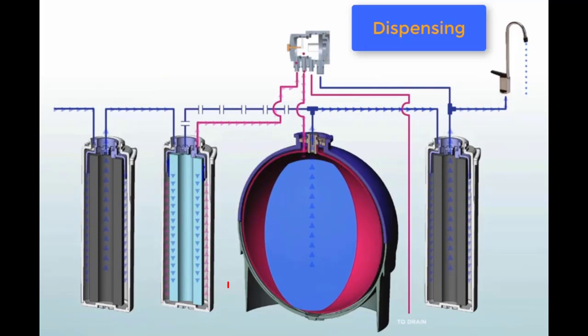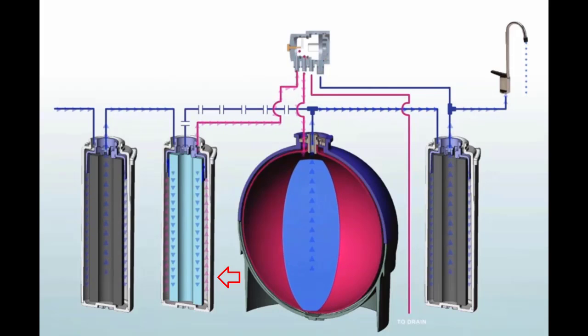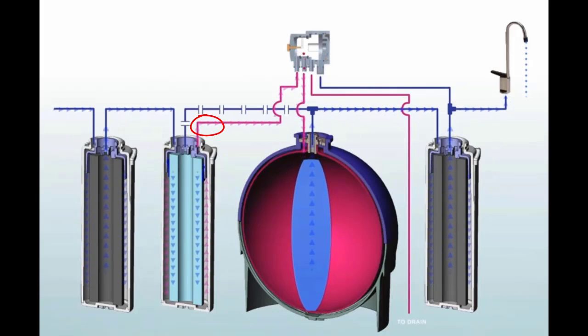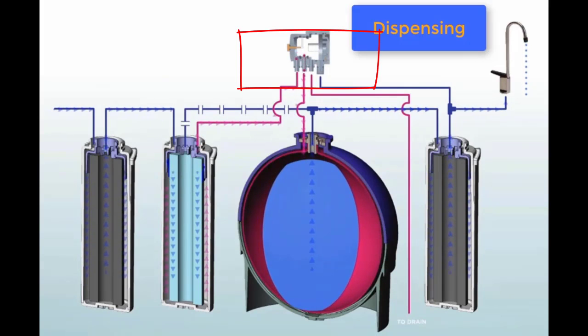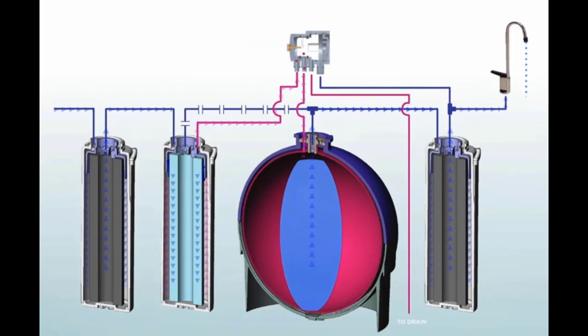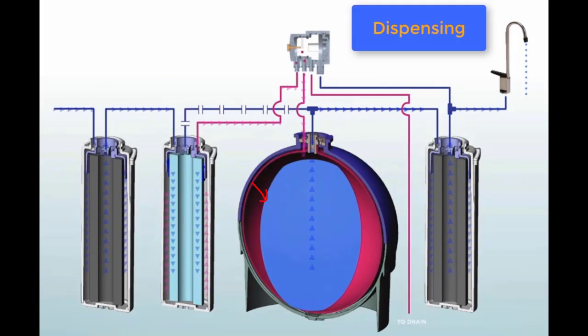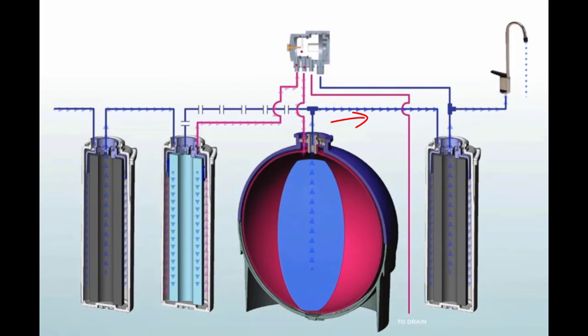All the water is actually flushing down the exterior of this membrane and coming out in this diagram in the pink tubing line. That pink tubing line is entering into the single moving part of this unit called the CPU valve. That CPU valve now is driving that water in that pink tubing down into the storage tank. And look at it squeeze out the purified water in blue out through the post filter and out through the faucet.